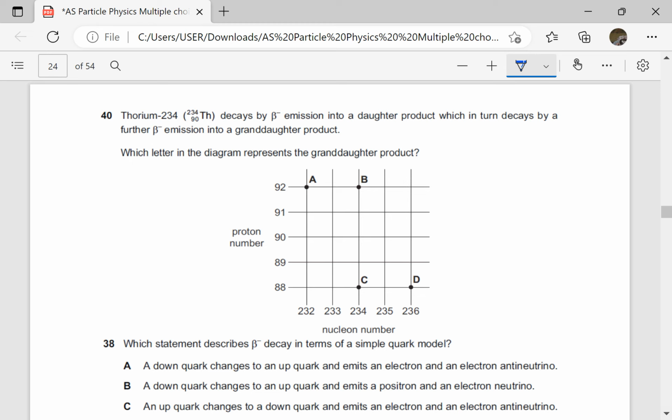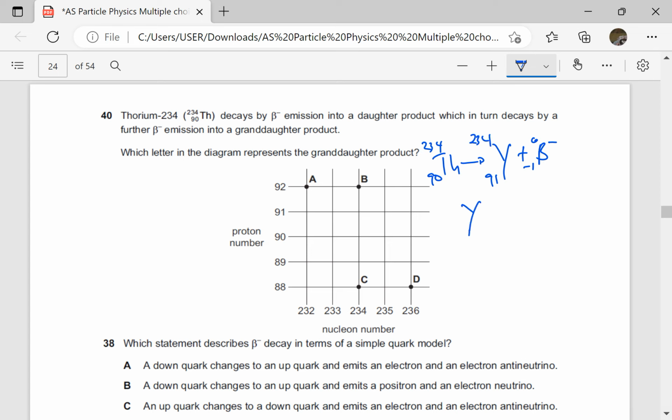Thorium decays by beta minus emission into a daughter product, which in turn decays by further beta minus emission into a granddaughter product. Which letter in the diagram represents the granddaughter? So let's first say thorium. It is 234, 90. It is emitting the first daughter, which is plus beta minus, 0, negative 1. So this is going to be 91 to balance the proton number, and this will remain 234.